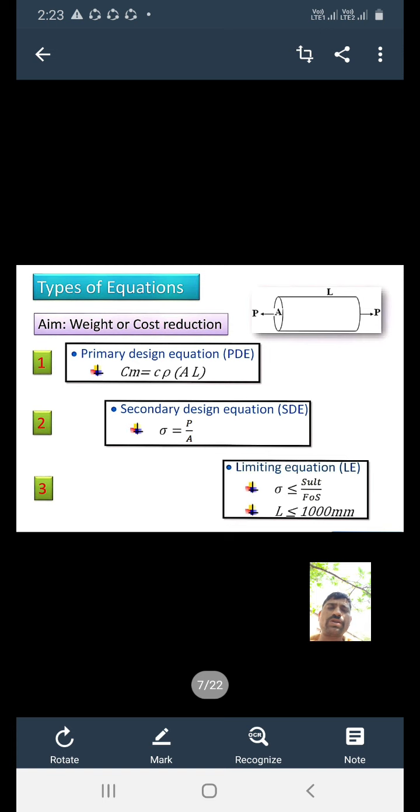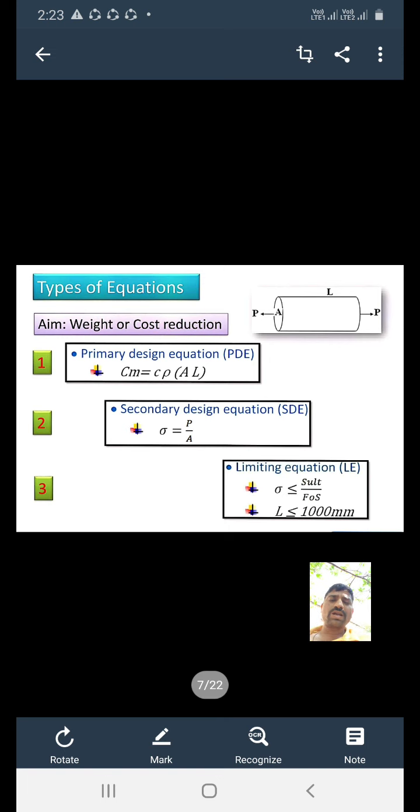Remember with the help of that equation, the primary design equation PDE: minimize the cost of the material, CM is equal to C rho A L. What is C? C is the cost of the material, rho is the density of that material, and A into L is the volume of the material, the area into length.